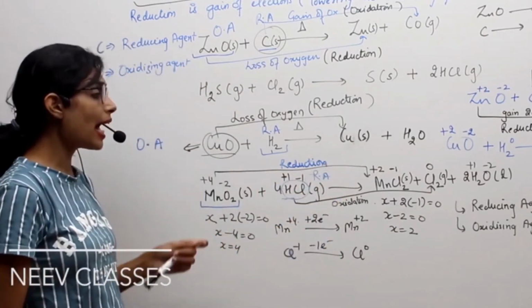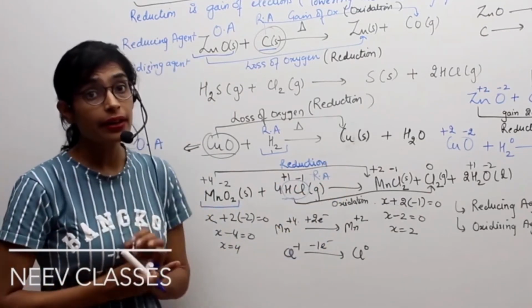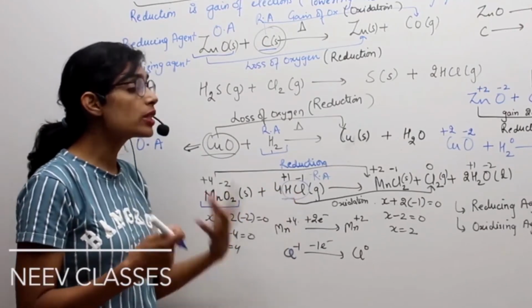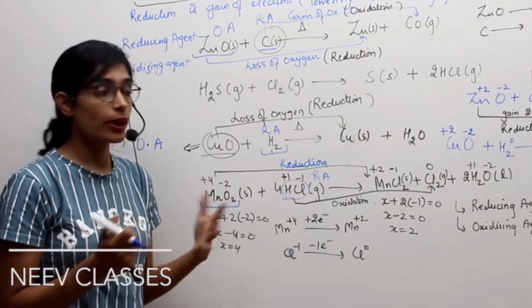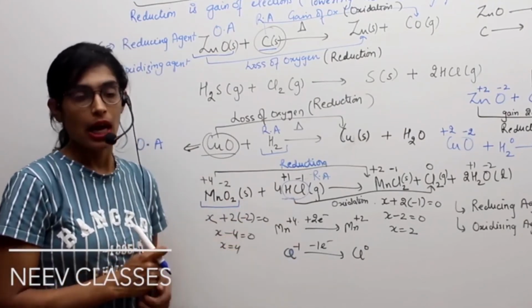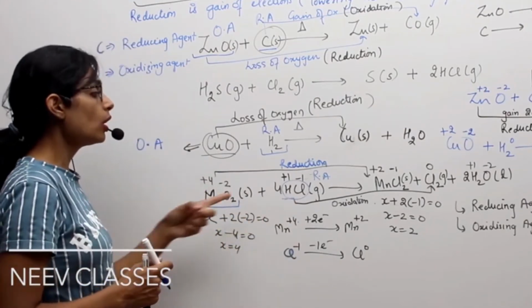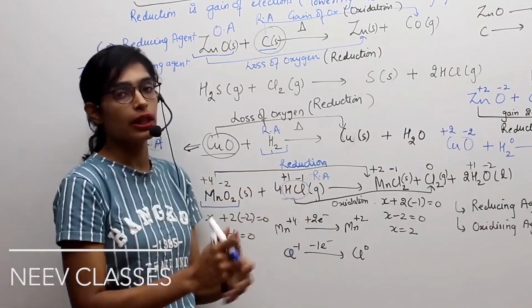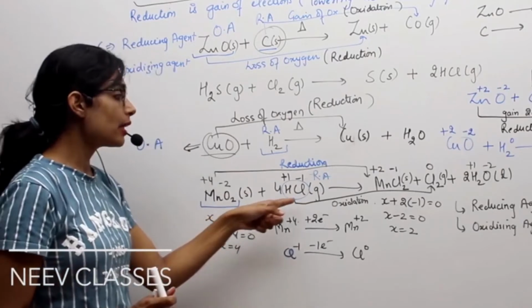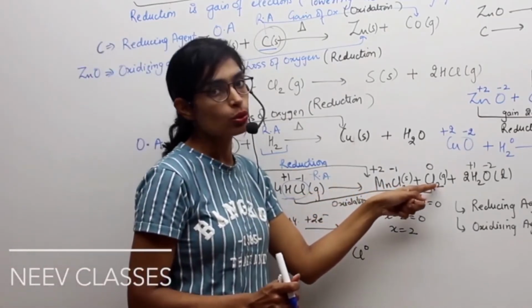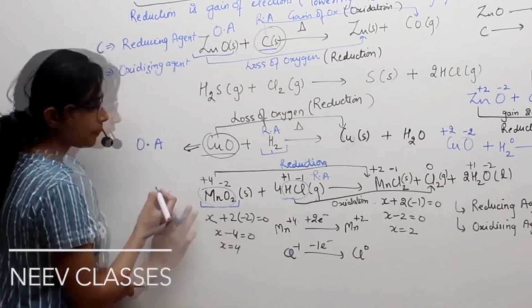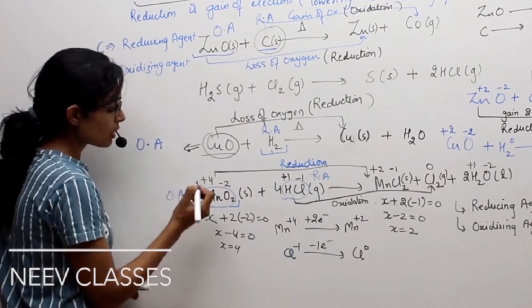Manganese has gained the required electrons and made sure that chlorine could lose electrons properly, otherwise the whole system would become unstable. Because it was ready to gain electrons, chlorine could give away the electrons and HCl could get converted into Cl2. That is why MnO2 will be called the oxidizing agent.